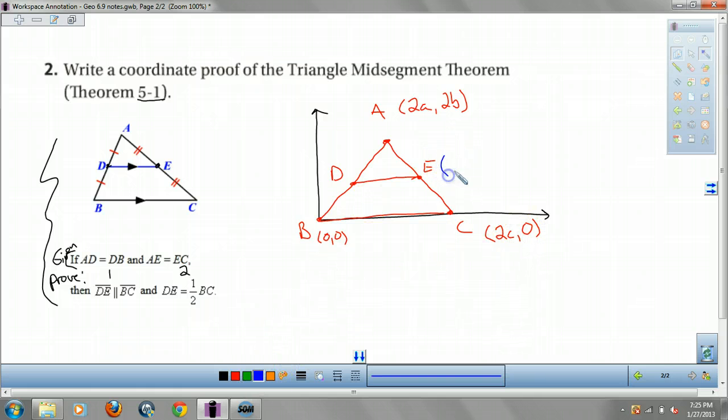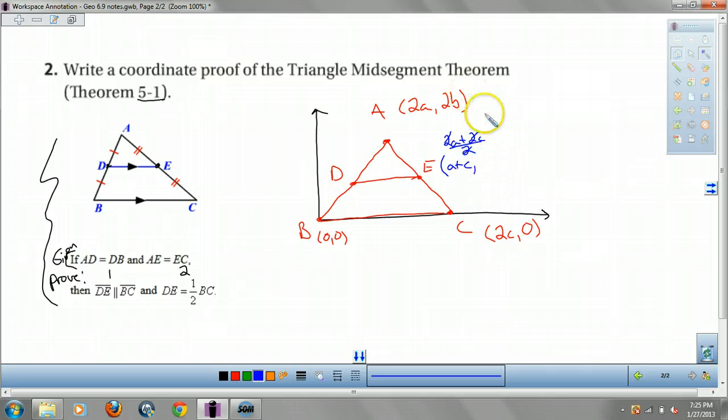That means E, well, to find E, you have to find the midpoint. So we do 2A plus 2C, all divide by 2. X plus X divide by 2. Your X coordinates added, divide by 2. Your 2's cancel. A plus C is your X coordinate.